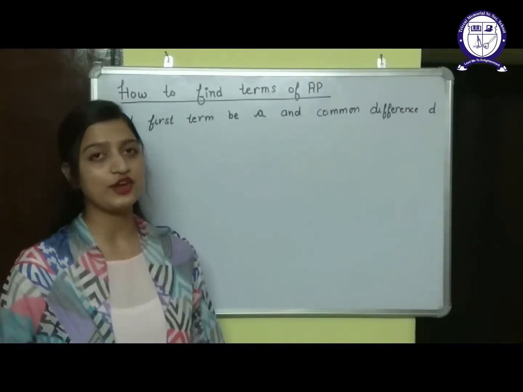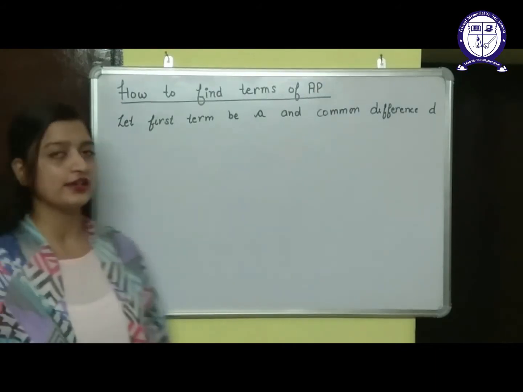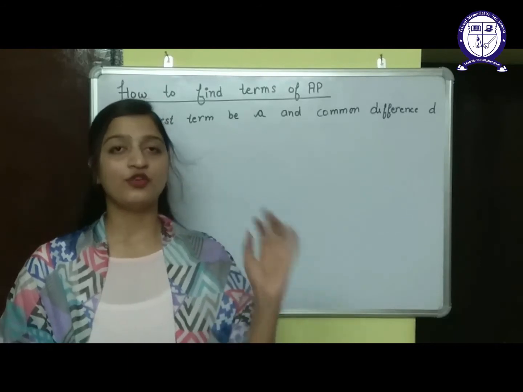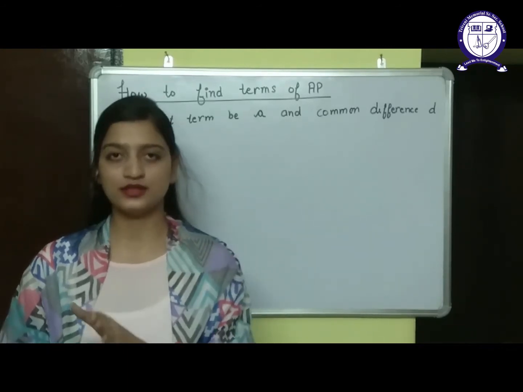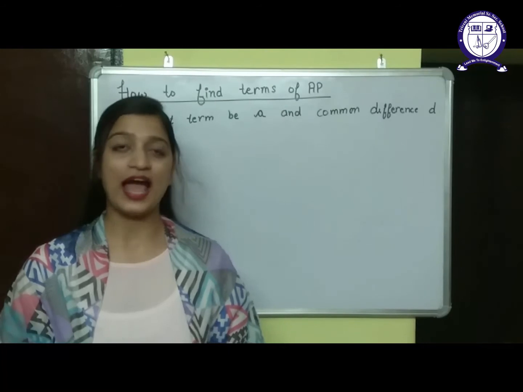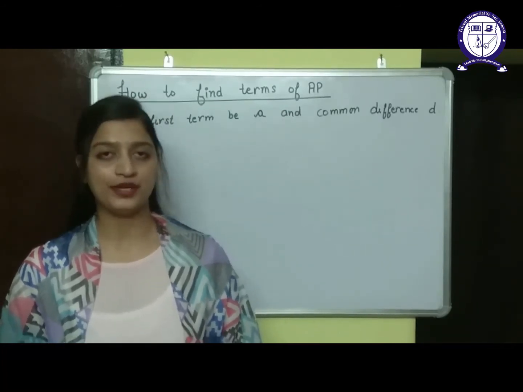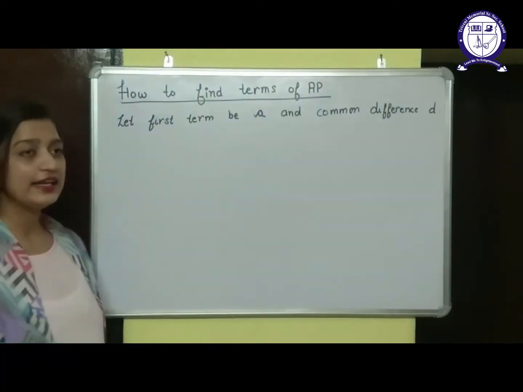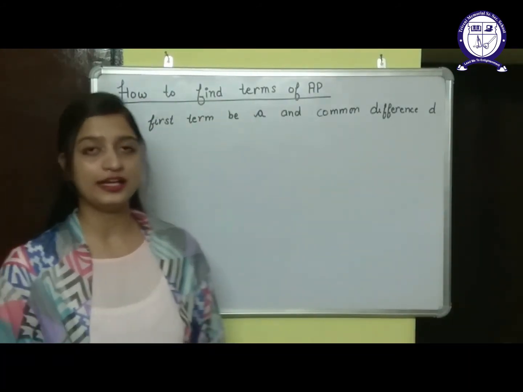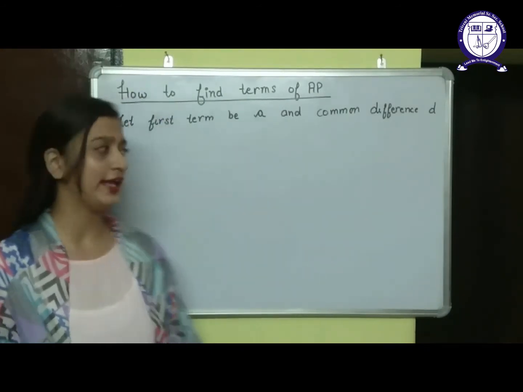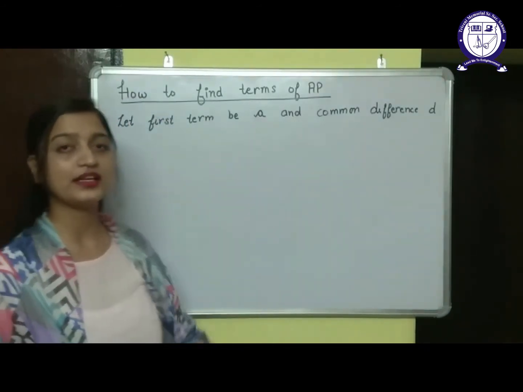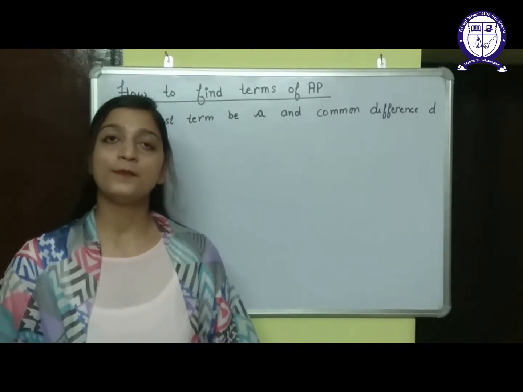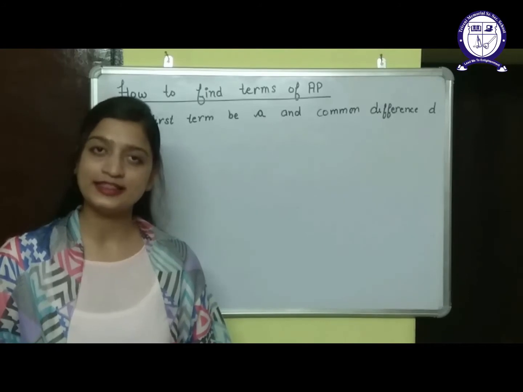Now coming to our next topic, that is how to find terms of AP. Suppose in any question you are given that for an AP, A is this and D is also given, and you need to find the AP. Okay, so how you will find it? Now first of all, in the formulas which are related to this chapter, the first term is taken as A, but in the previous topic I took the first term as A1 because the AP was taken in that way only.